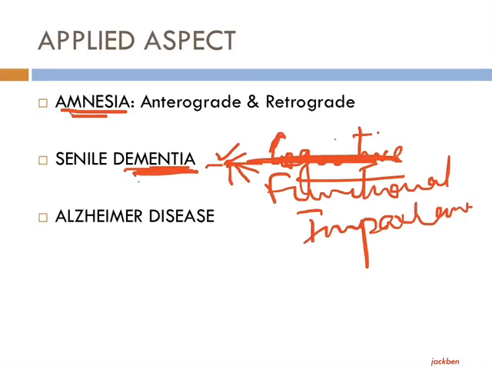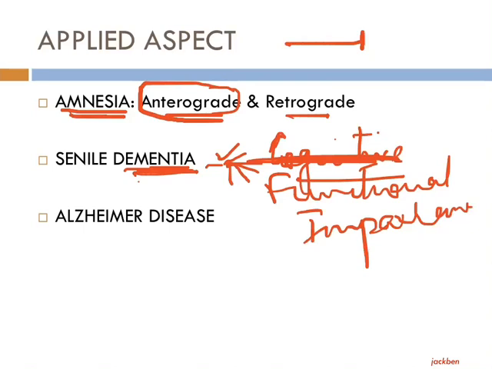So this amnesia can be either anterograde or retrograde. Anterograde means inability of an individual to acquire new memory. Say a person is suffering from anterograde amnesia from today onward.